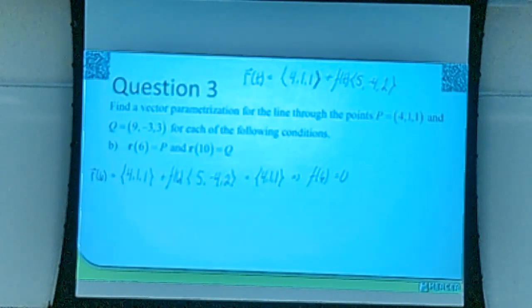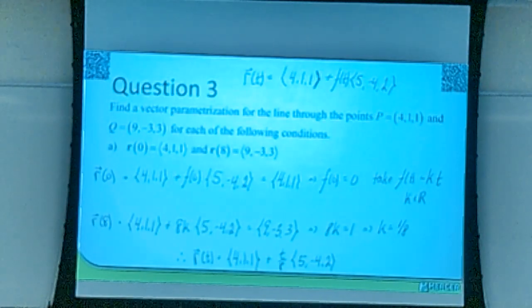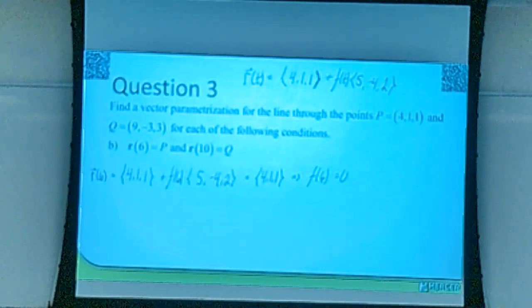Oh, I did forget the domain here. T is any real number. That's f of t.